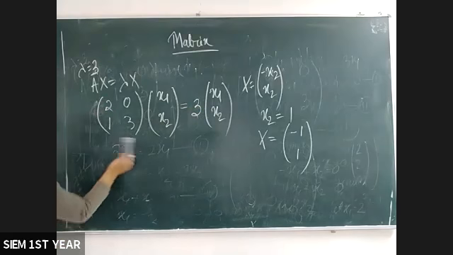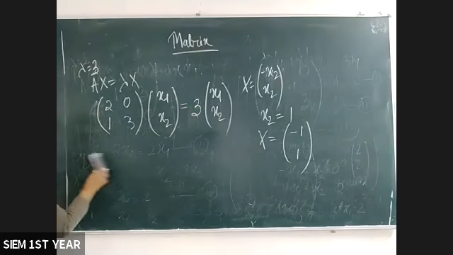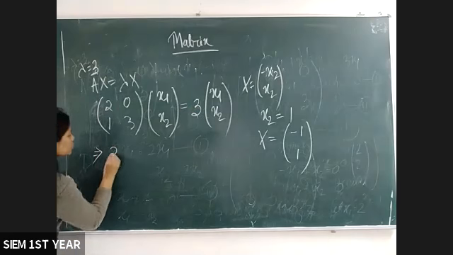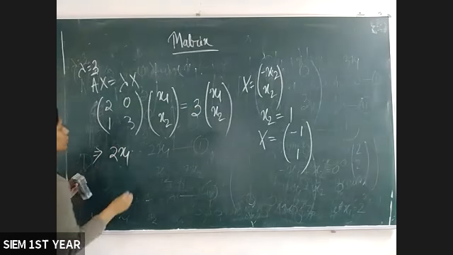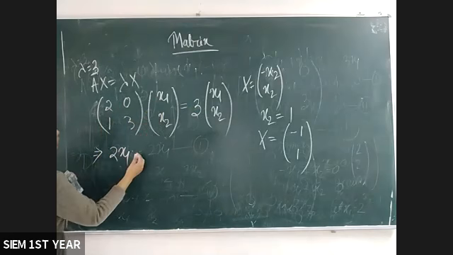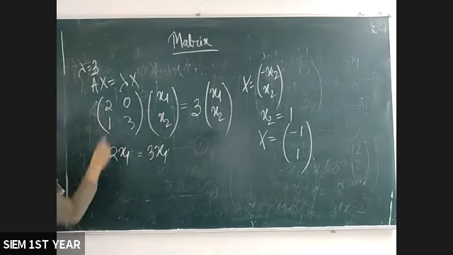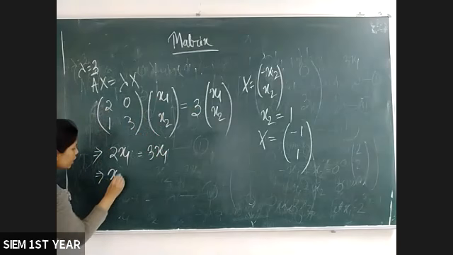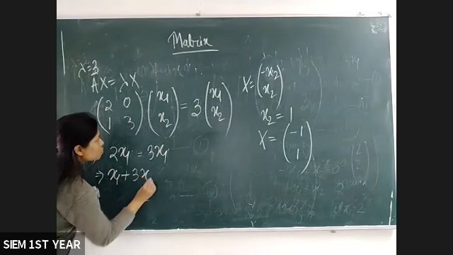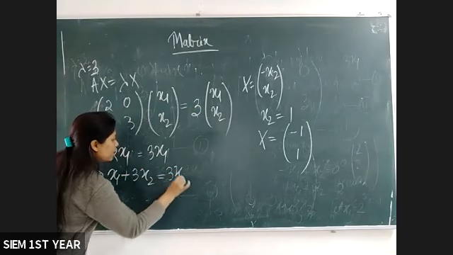Again, I am directly writing this equation. Students, try to solve this problem elaborately; I am just considering the shortcut method. 2x1 is equal to 3x1, and from the next, you get x1 plus 3x2 is equal to 3x2.